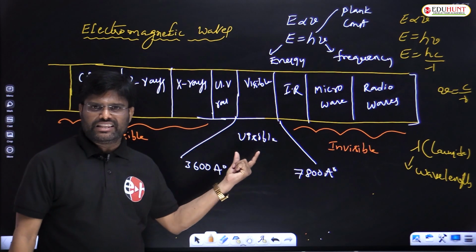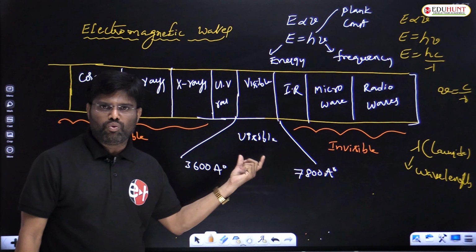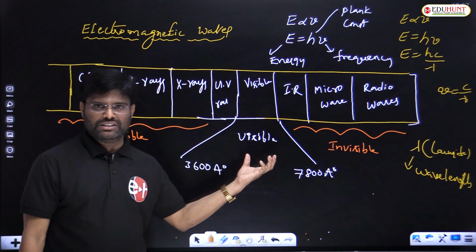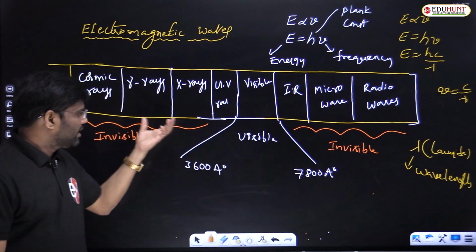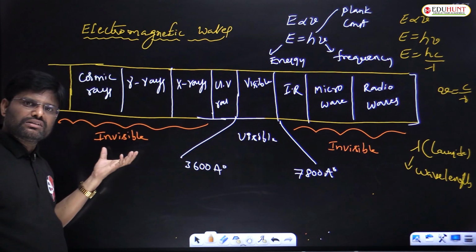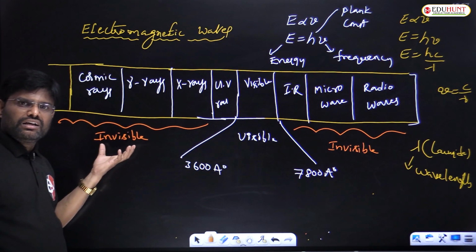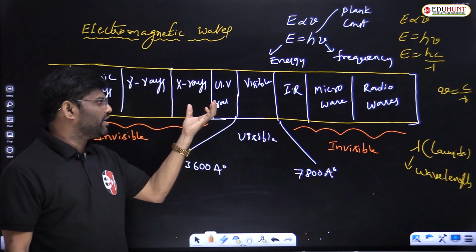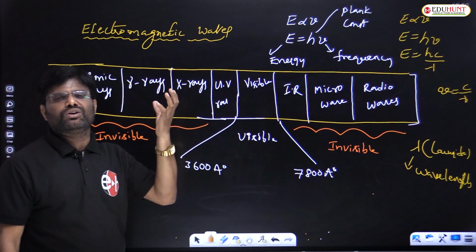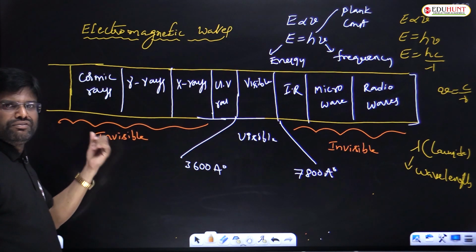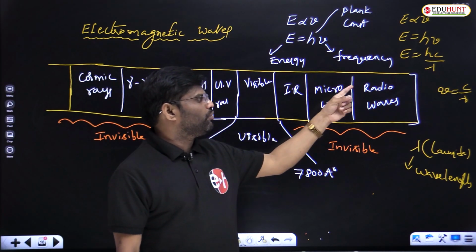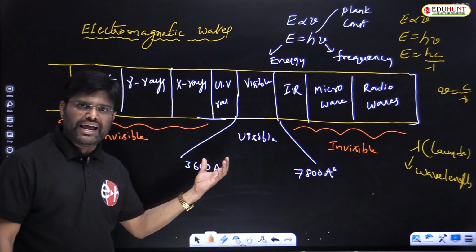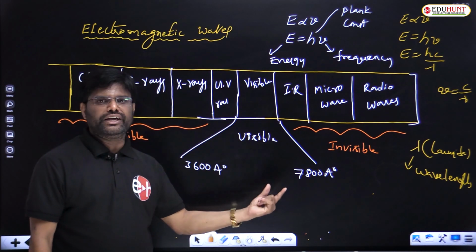Only one light is visible, and that is the visible light. All of these are electromagnetic waves, but we can see light only in between this range.